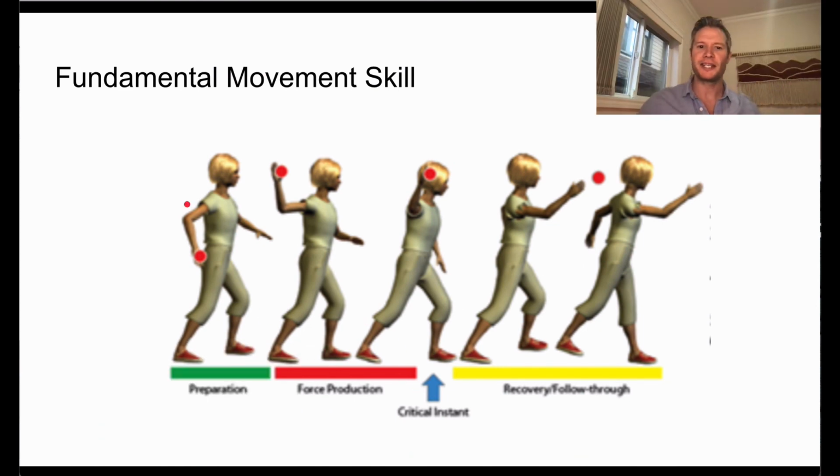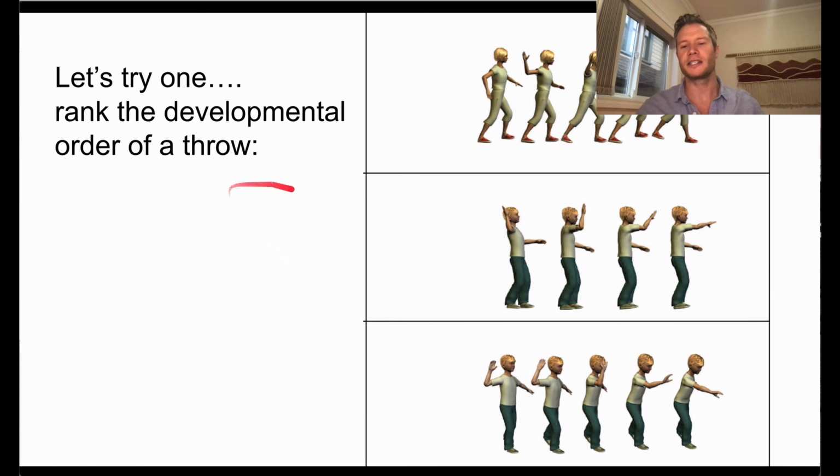So if you remember this, we take a look at a throw. It's a pretty good looking throw. We can see that it's categorized into a sequential order. This is what helps build some qualitative models. And we can know that we can rank these. We can look at these and we can say, there is one movement that needs to happen before another, that needs to happen before another, right?